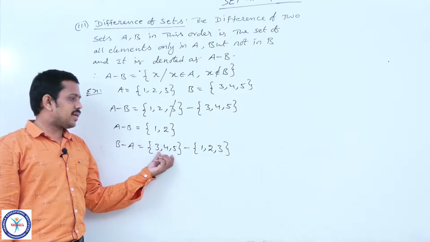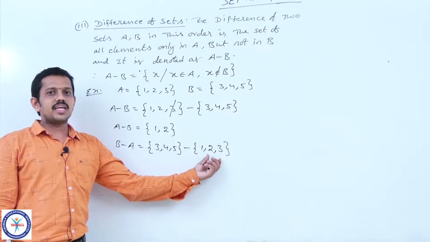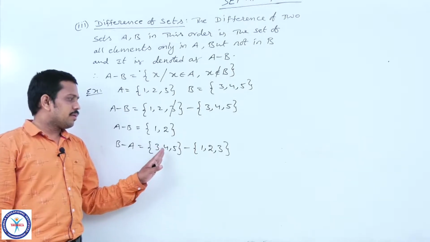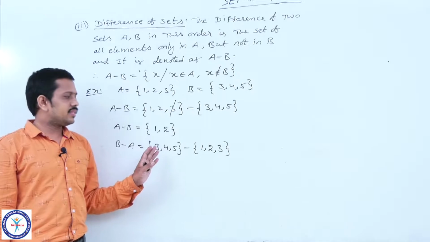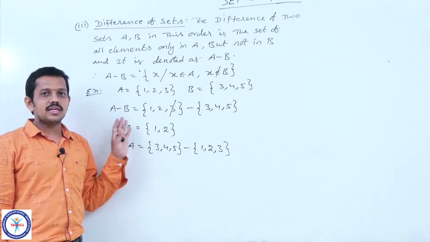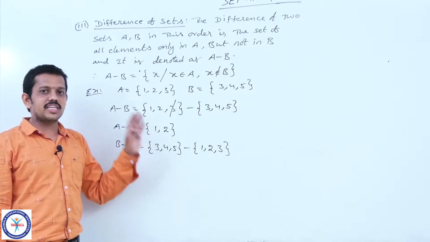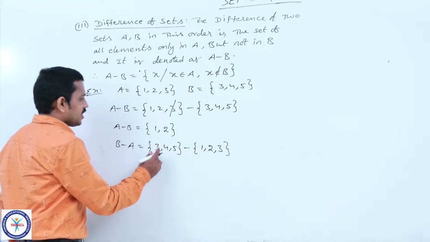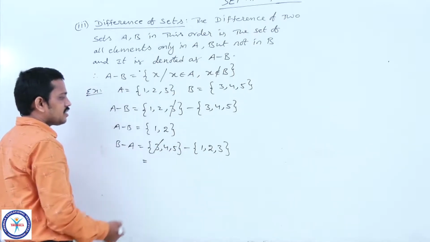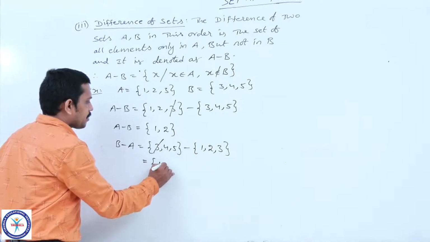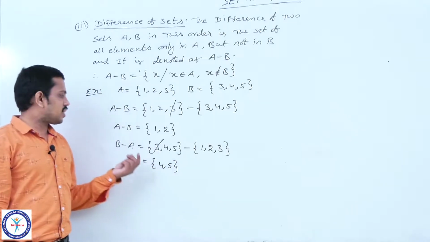It is the set of all elements only in set B but not in set A. If there exists any element common to B and A, then we eliminate that element from B, and we write the remaining elements of set B, meaning the elements belonging to only set B. So here 3 is the common element of these two sets. We eliminate this and write the remaining elements 4 and 5 as the resulting set of B minus A.